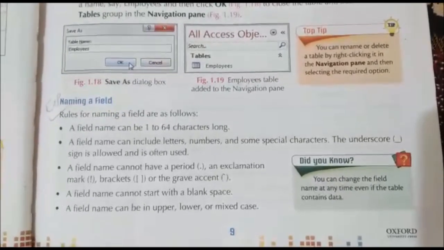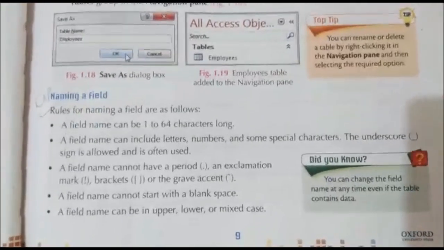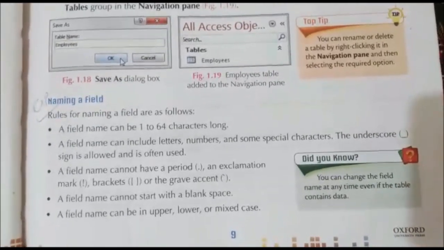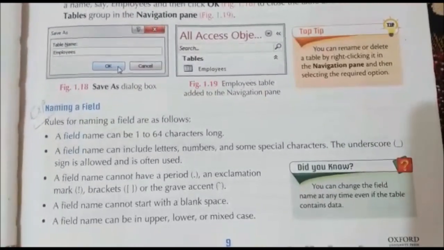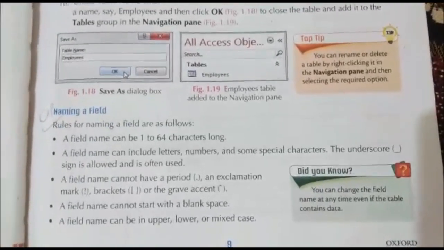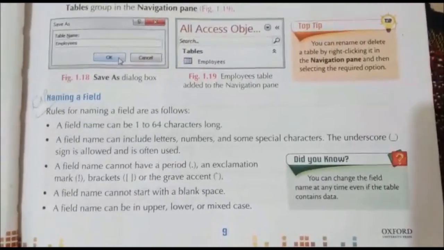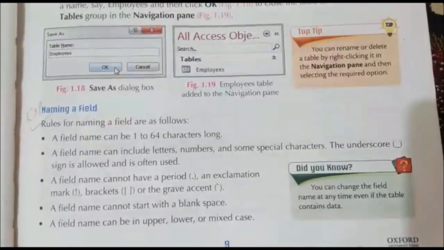The next topic is naming a field. Rules for naming a field are as follows. These rules are written in very easy and simple language, so you can understand them by yourself, but I'll explain some rules. If you are making a field in the table, you'll have to remember these rules. A field name can be 1 to 64 characters.